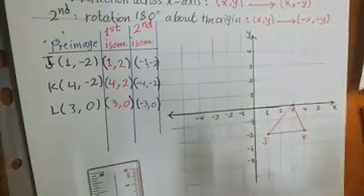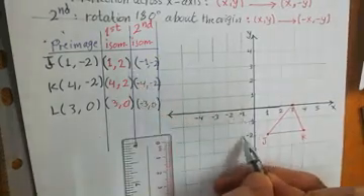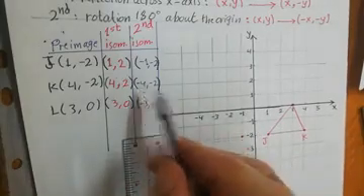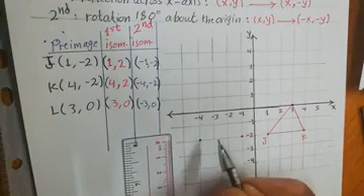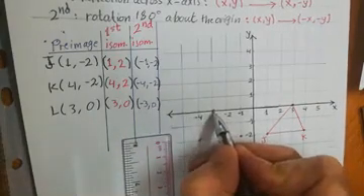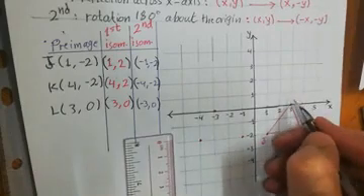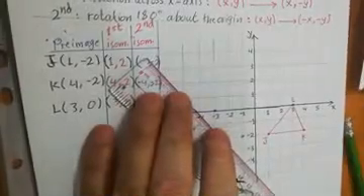The last image will be here, which is (-1, -2), (-4, -2), and (-3, 0). This is J, K, L.